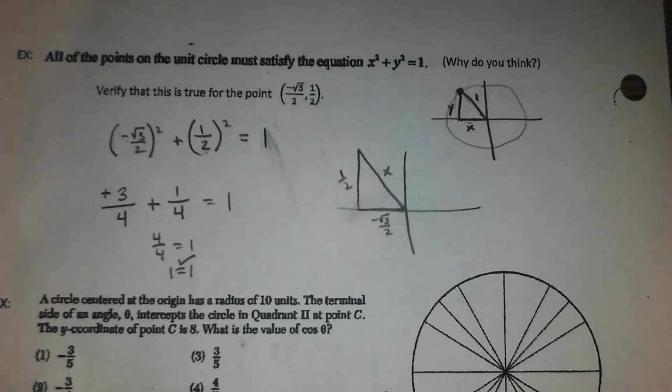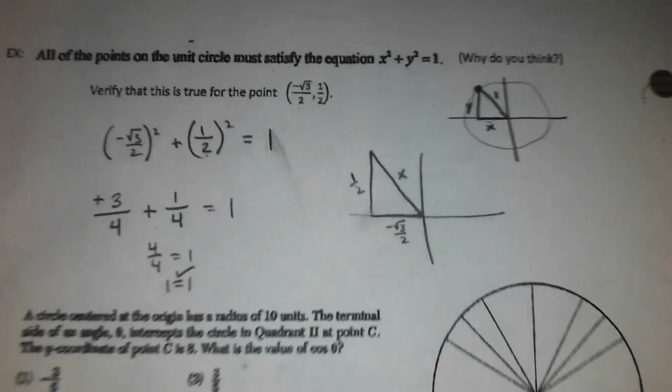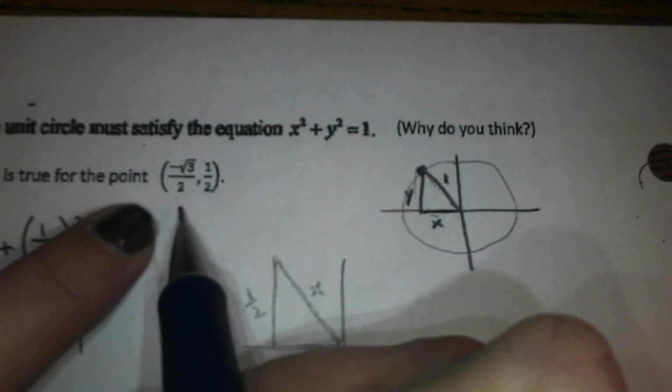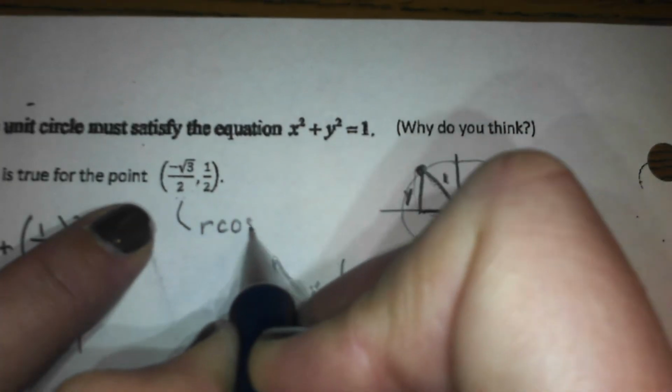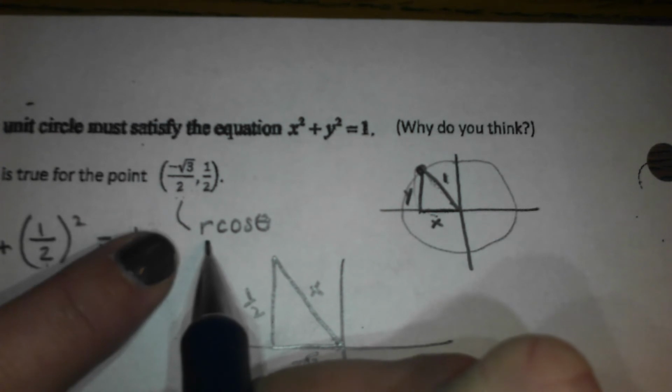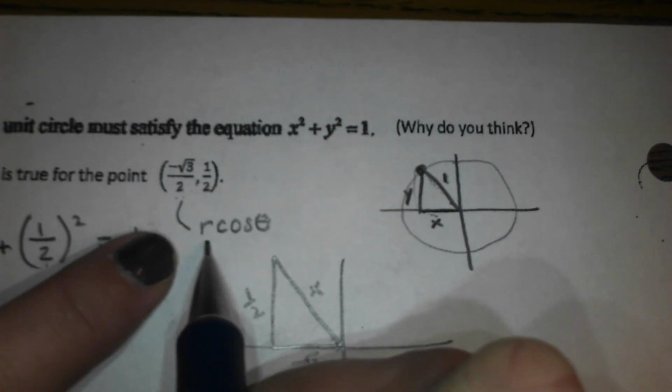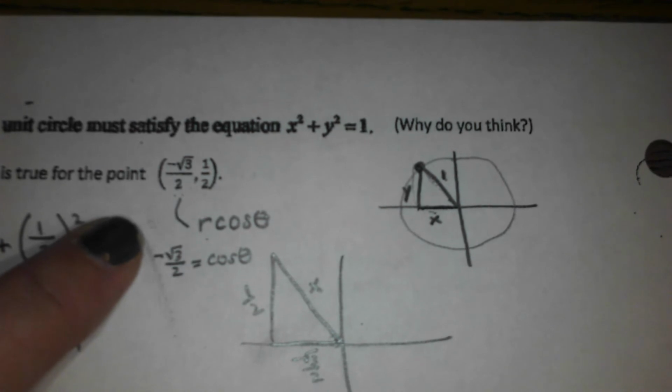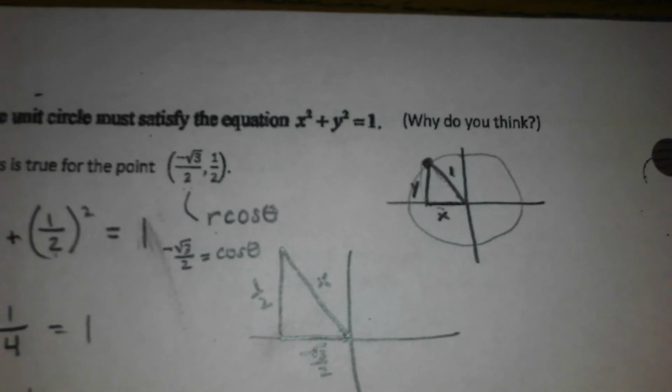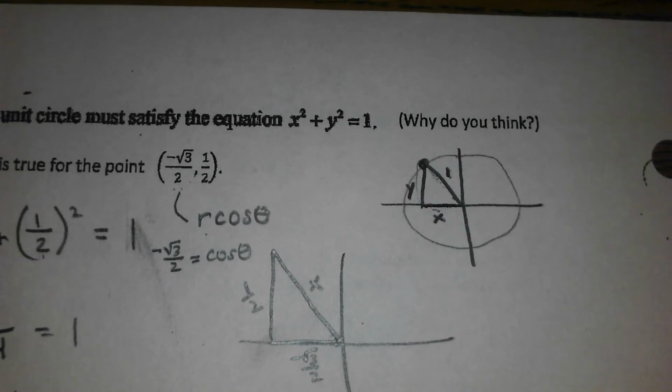Now, here's an extension type of question that we will get to, but let's do it now. If this coordinate equals r cosine theta, and we know our r is 1, right? Because we're on the unit circle. Negative root 3 over 2 equals 1 times cosine theta. So what is theta? You're using your table values, but you're using it sort of backwards, because you know the value.